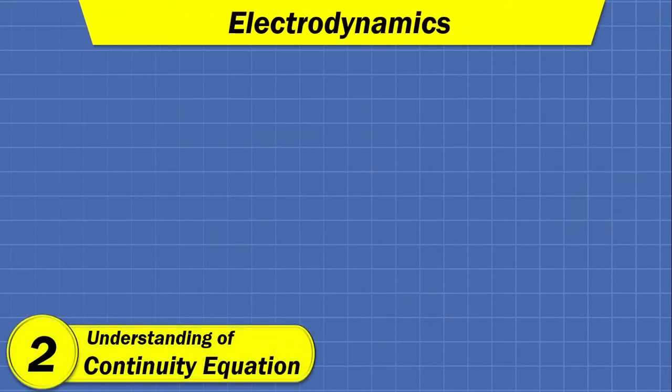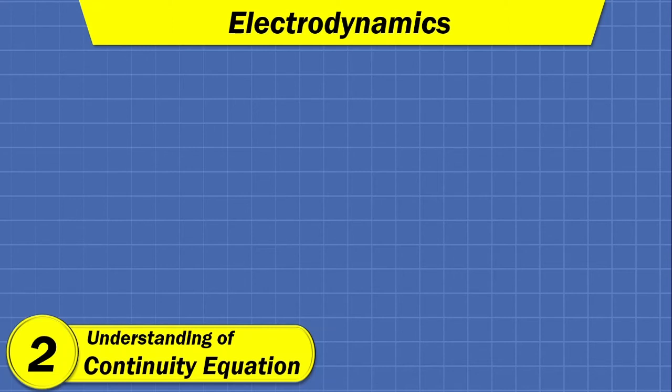Now the second topic of today's video is the continuity equation. It is a very important and useful equation because by using this equation we can derive the equation of capacitance of any random configuration.